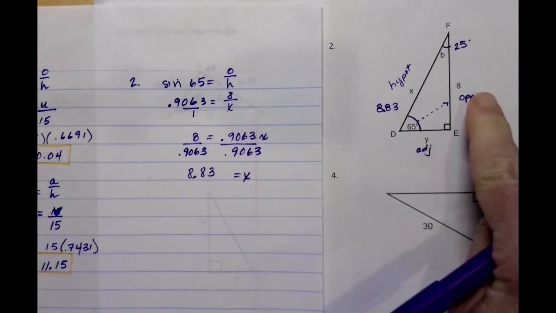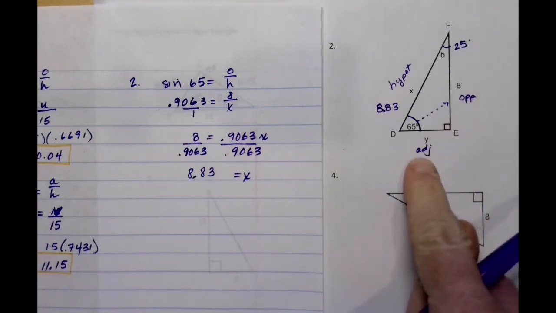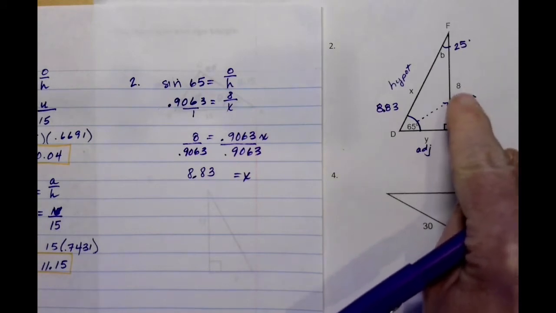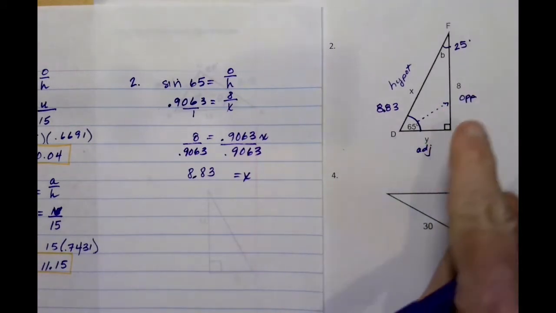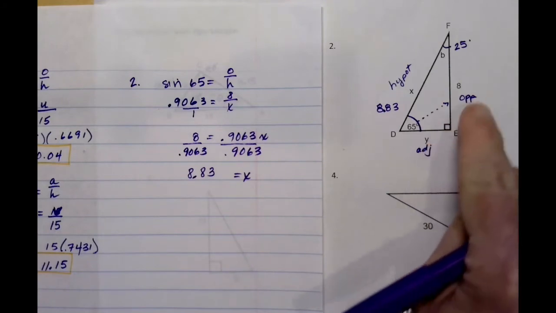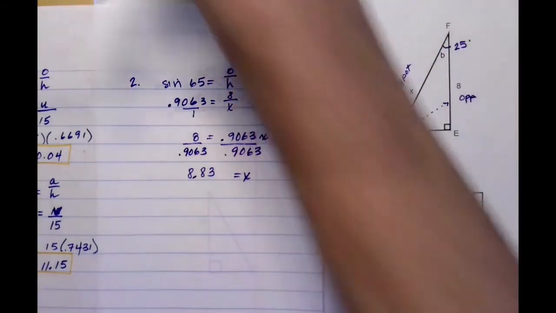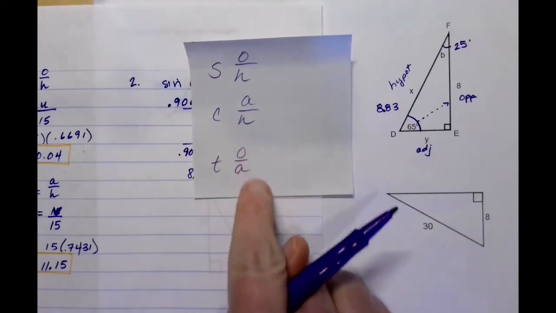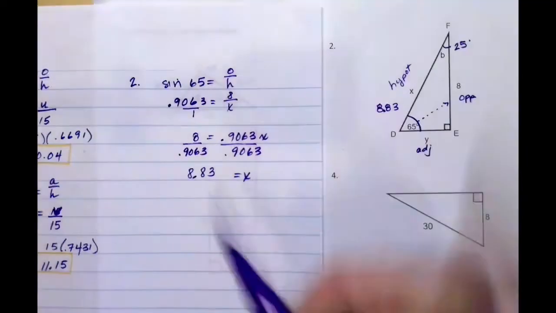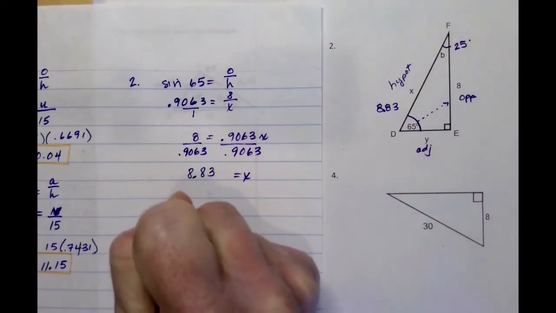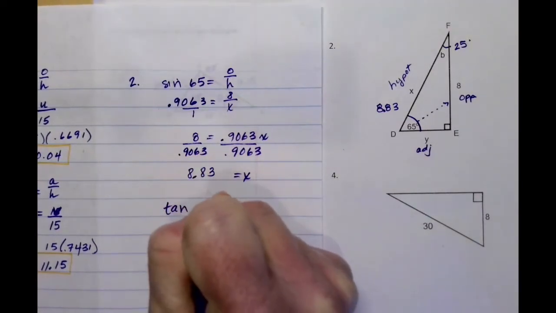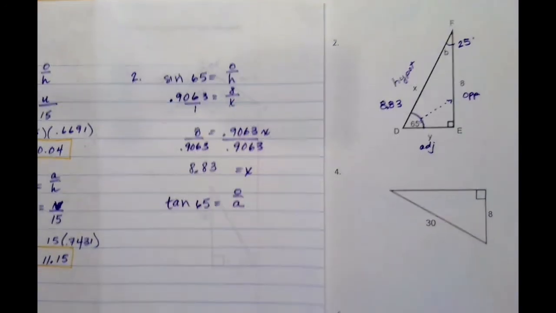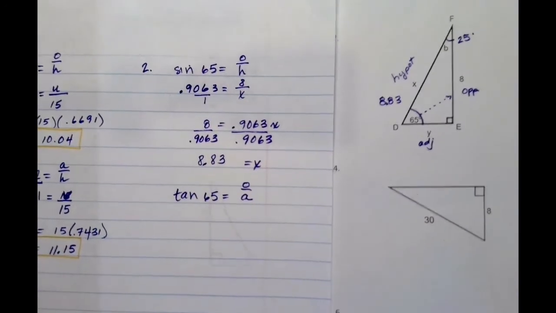Let's talk about our adjacent side. Now again, rule of thumb, I always like to use what's given to me. So if I'm looking for my adjacent and I have my opposite, I'm going to go ahead and use my tangent because that's my ratio of my opposite to adjacent. So I know that the tangent of 65 degrees is equal to the relationship between my opposite and adjacent sides.